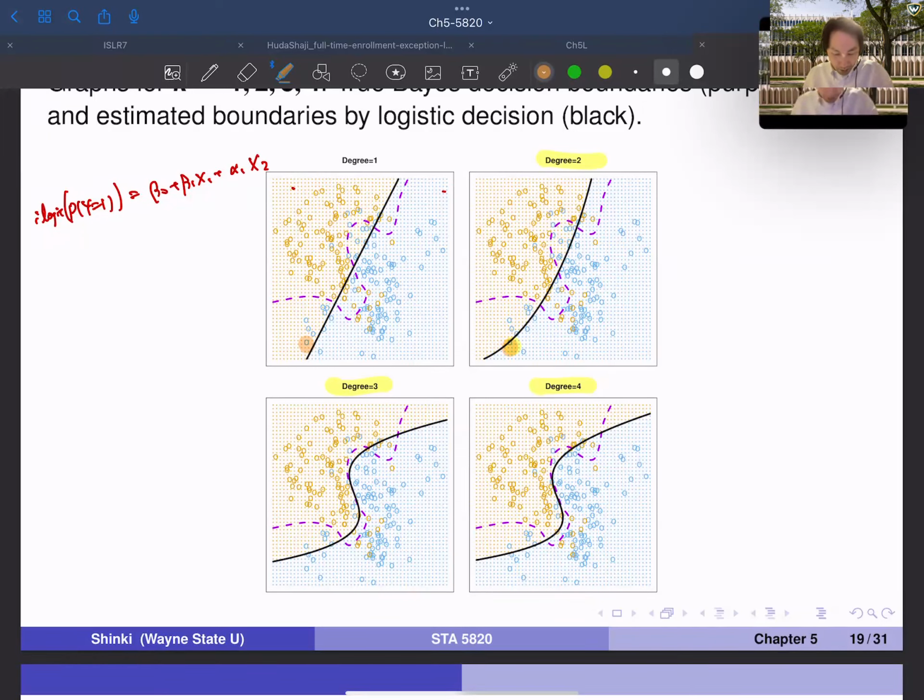And for degree 3 and degree 4, it's not exactly sure. Actually, we make larger errors here and here, even though we don't have any observations. But in terms of this area, maybe it's a little more accurate than degree 2. So it's not clear. Maybe degree 2 is probably better than degree 1. Degree 3 and 4, not exactly clear.